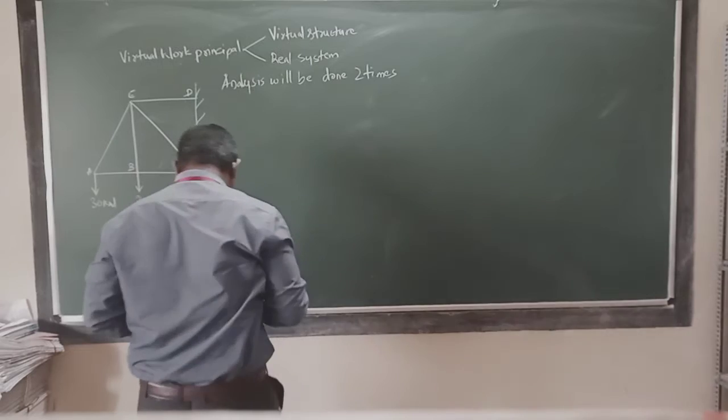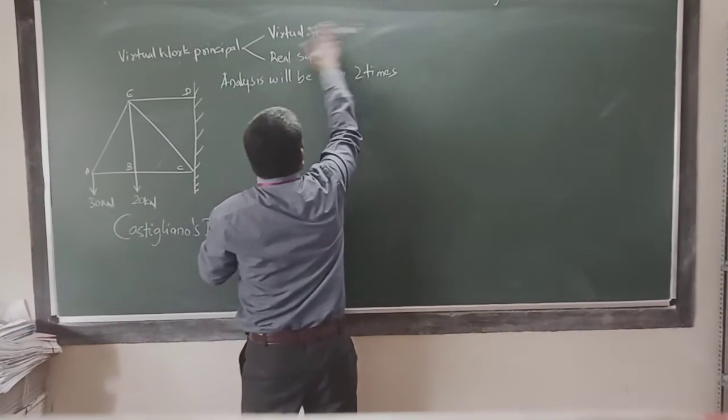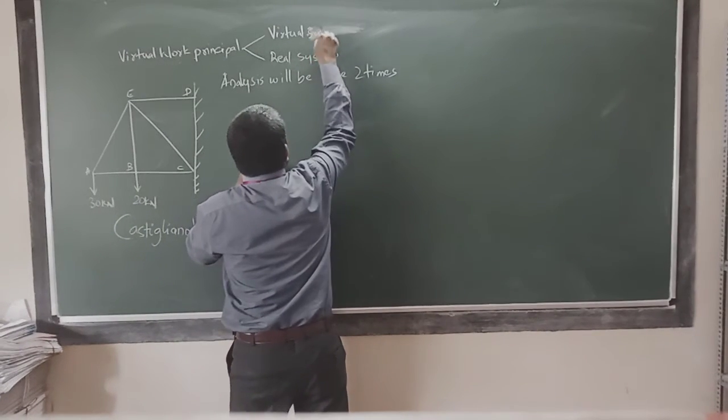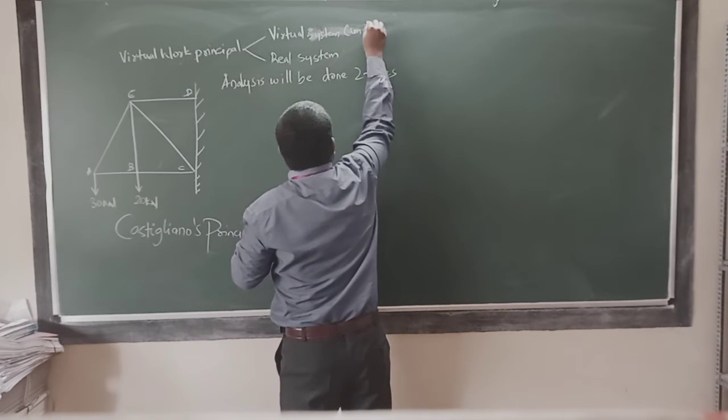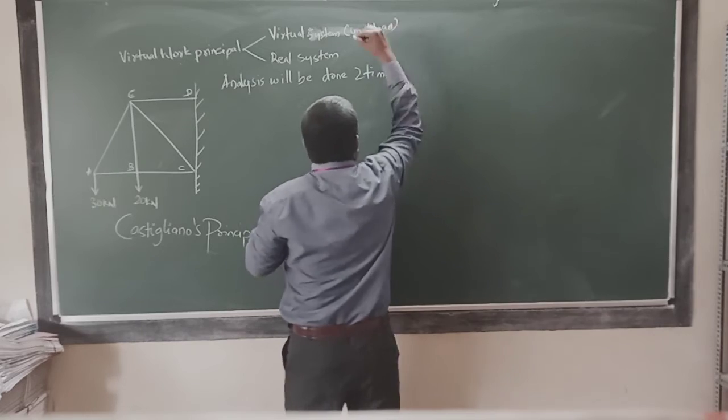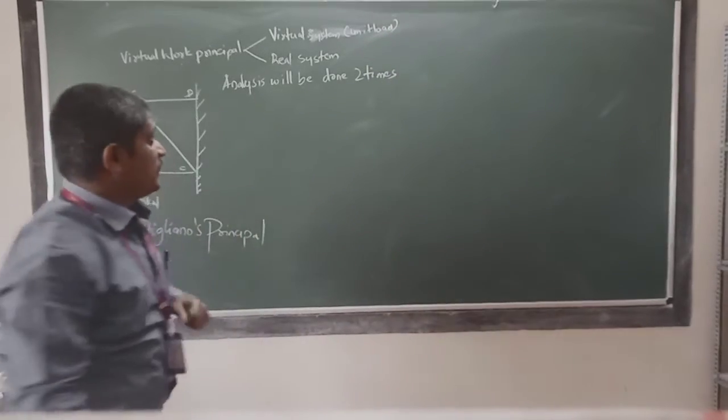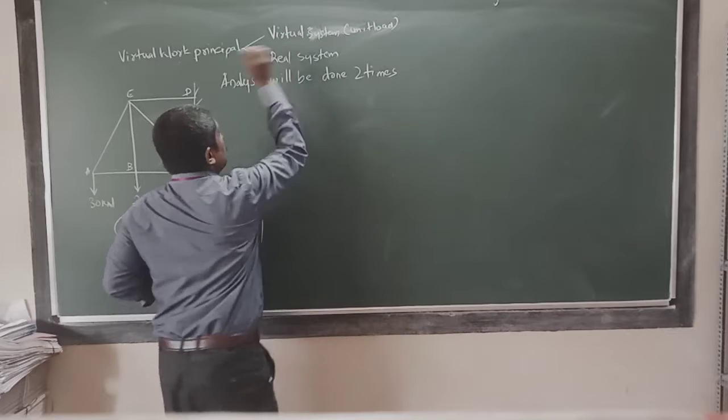Instead of writing structure, I can write this as system. So here we used to consider a unit load as our imaginary force. Okay, so two times we used to do the analysis.